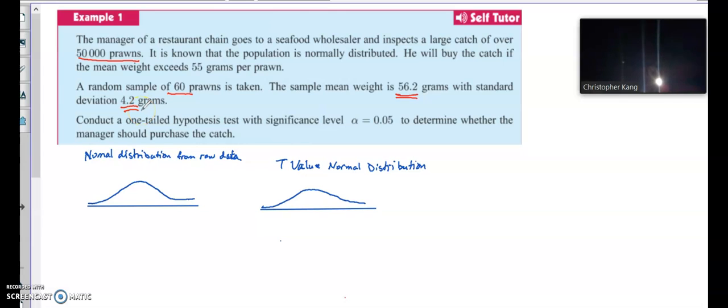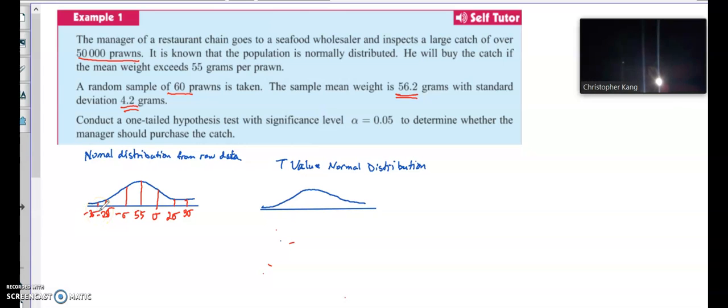Now, let's take a look at what's happening here with a t-test. From the previous chapter when we were talking about normal distribution, normally we would put the mean weight here, right? Let's say it's 55. And then we would add standard deviations to each side, and subtract standard deviations from each side, and so on, right?